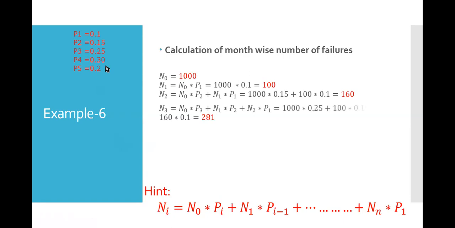Yes, N3 is 281, but Harsh and Dhaval both are wrong, because we might have some mistakes with the calculation. It is N0 P3, N1 P2 and N2 P1.